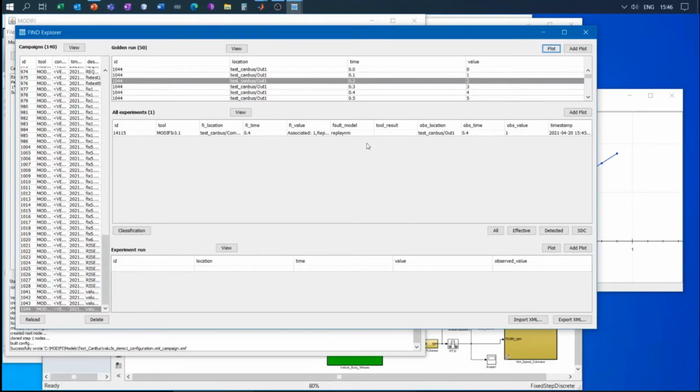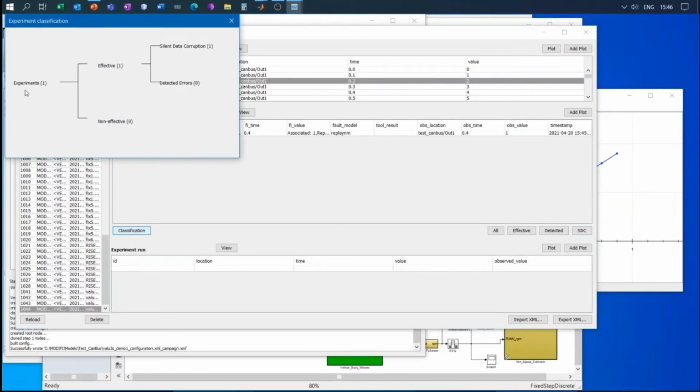So we may also filter the experiments, look at all undetected wrong outputs or all effective errors and so on, and get the complete classification of all the experiments. And we see that we got an undetected wrong output here, silent data corruption.